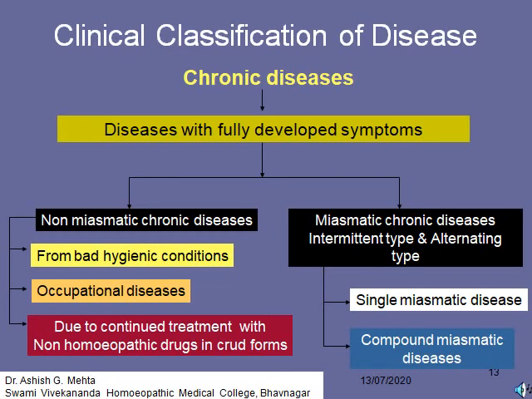The other type is the occupational diseases. We will refer to preventive and social medicine, where pneumoconiosis is a type of such disease. These occupational diseases are because of a particular kind of occupation. There are certain diseases which occur due to silicosis in asbestos factories or silica factories.